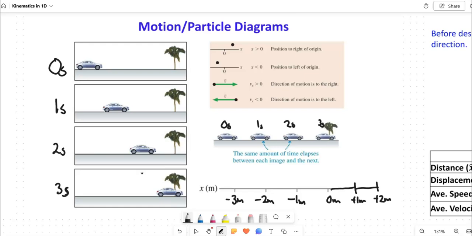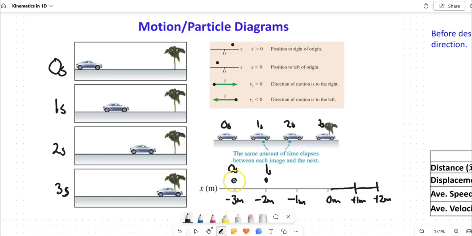And if you do that, what you get is a movie, and it shows the positions of the car at different points in time. So the car started out here at the negative 3 meter mark at 0 seconds. 1 second later, it was right here.